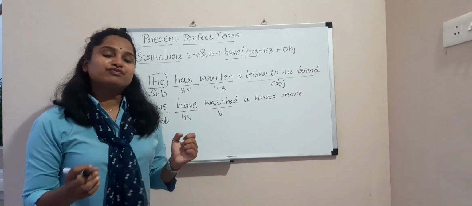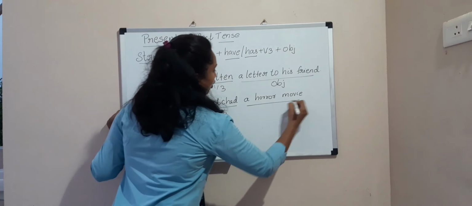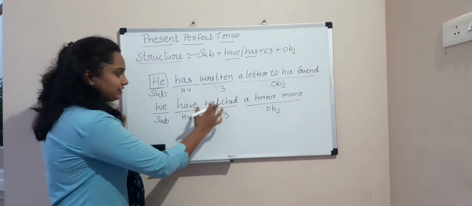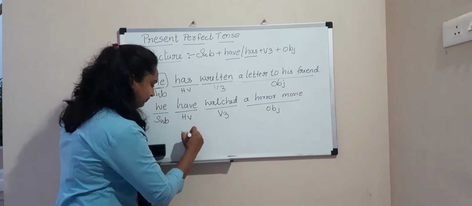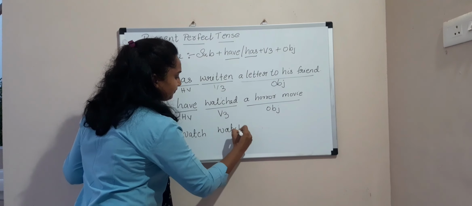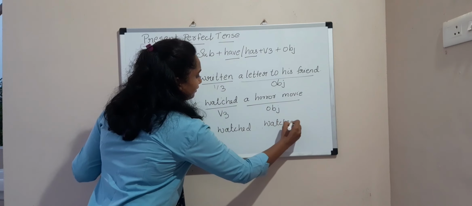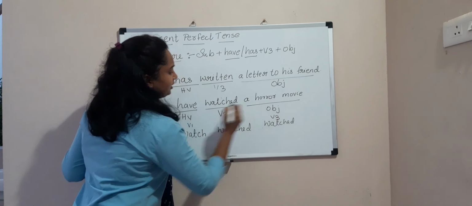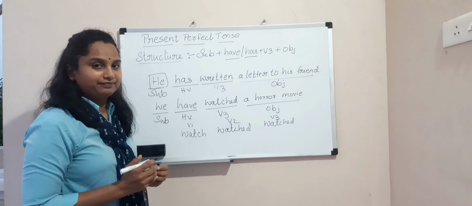This is verb third form. And object. Let's write all the three forms for main verb watch. Watch, watched, watched. V1, V2, V3. So, this is verb third form.